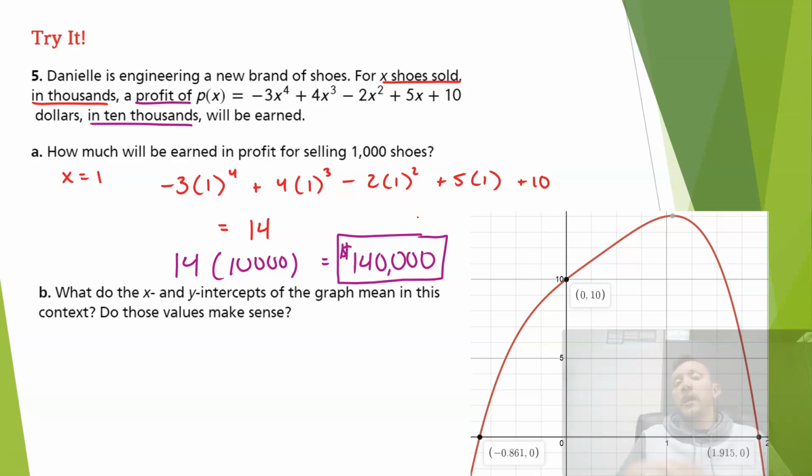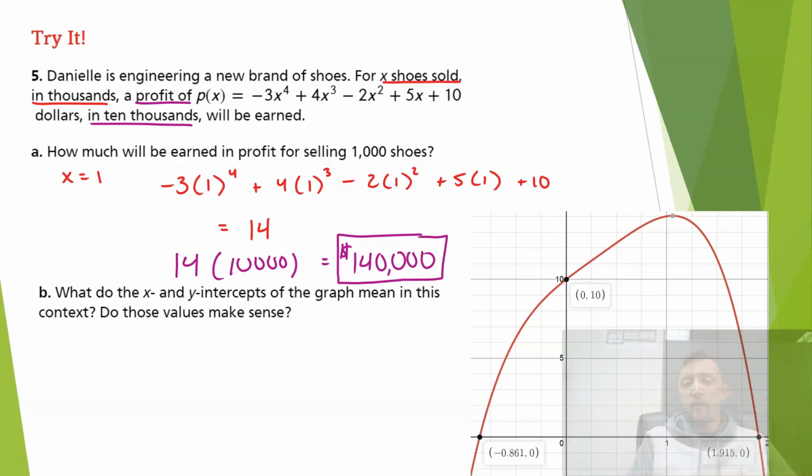Now we have to figure out what the x and y intercepts are. You can see from this graph that the x-intercepts would be at negative 0.861 and a positive 1.915. Now where x is negative 0.861 does not make sense, because x represents the number of shoes.